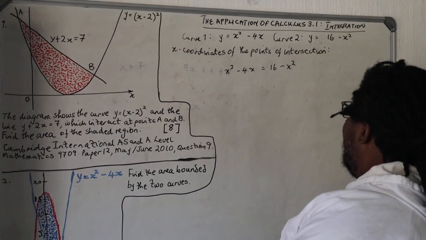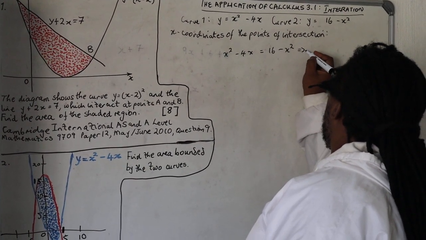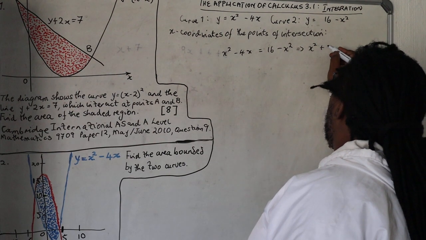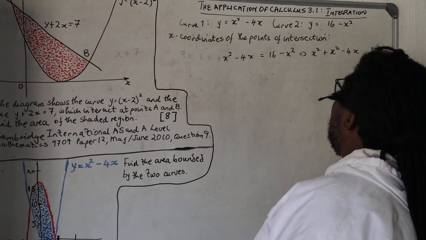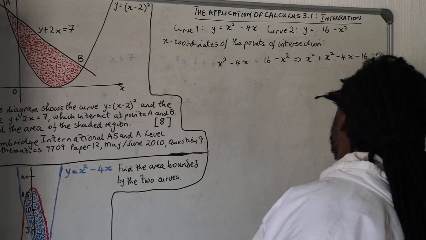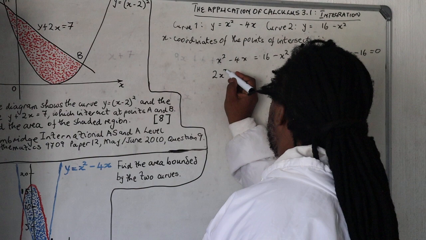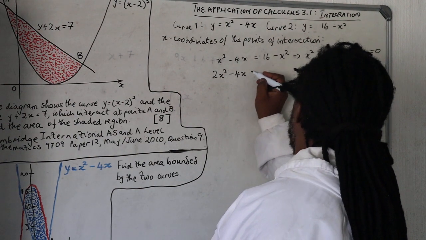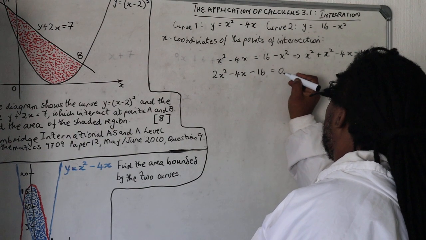We can take everything to the left hand side, so we end up with x squared plus x squared minus 4x minus 16 equals 0, and therefore we have 2x squared minus 4x minus 16 equals 0.